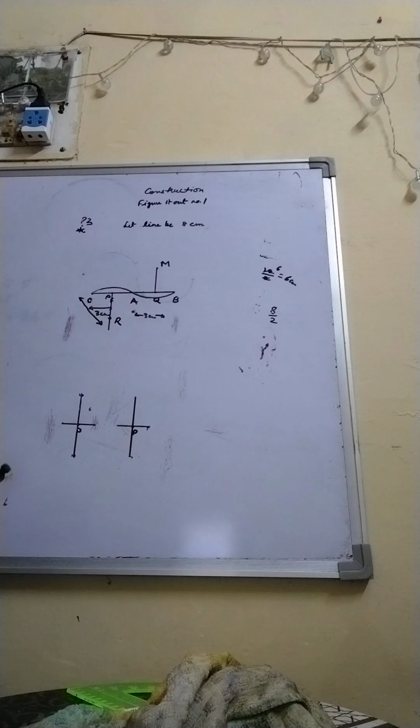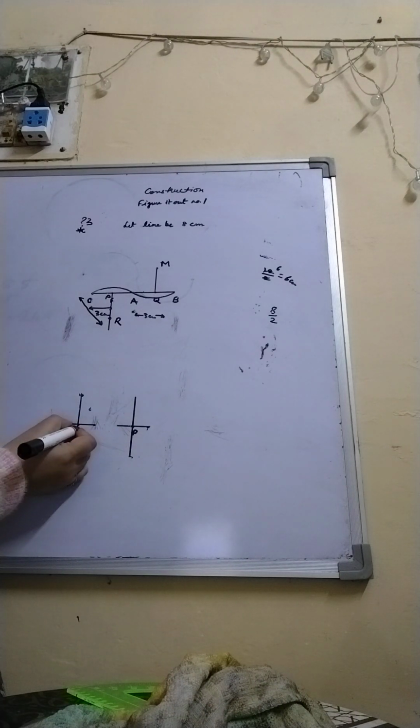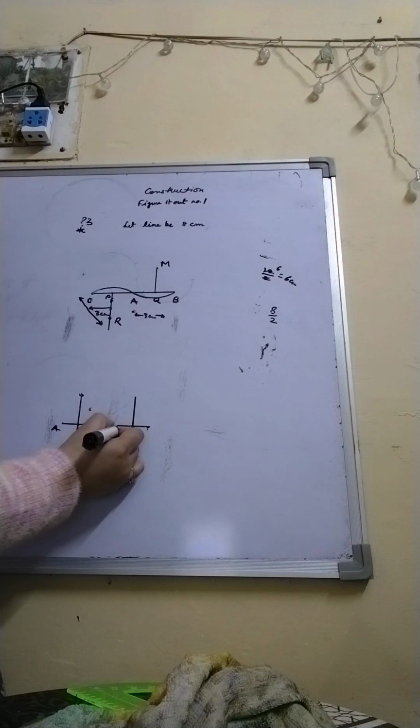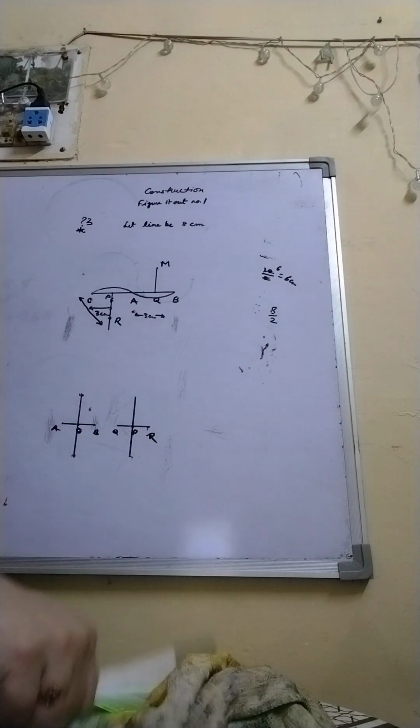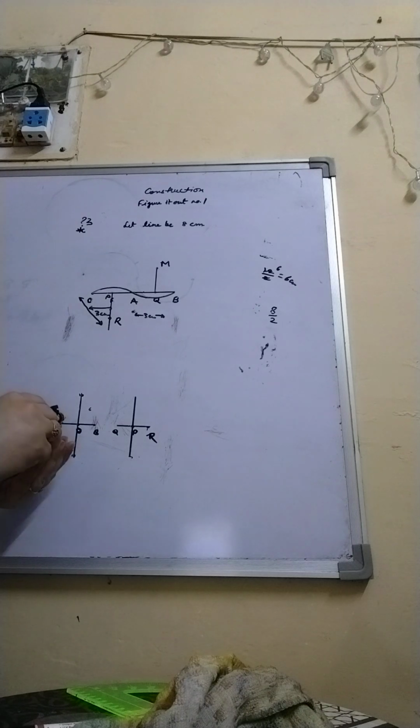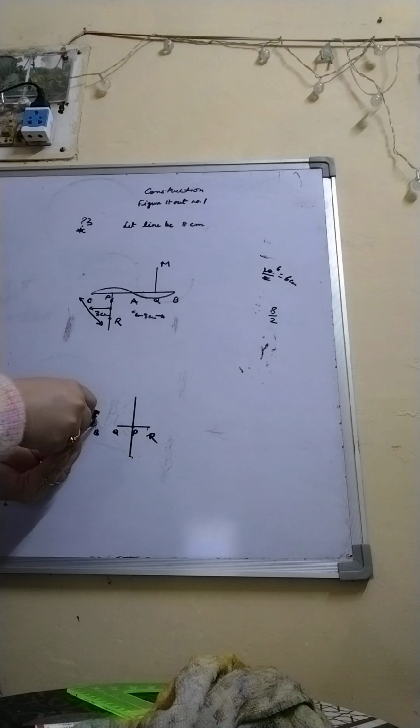Now open the compass equal to, this is O, A, B, P, Q, R. Okay, now open the compass from this point 4 centimeter away, draw the curve. So we take this and draw the curve like this.